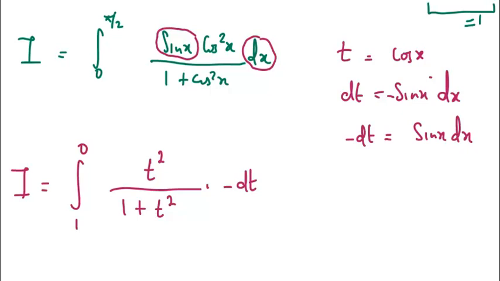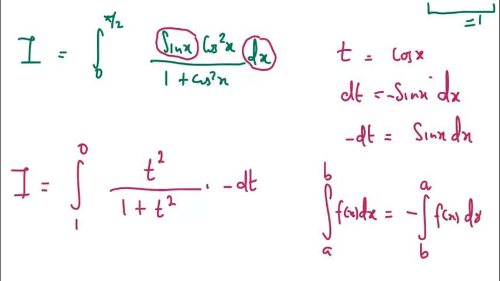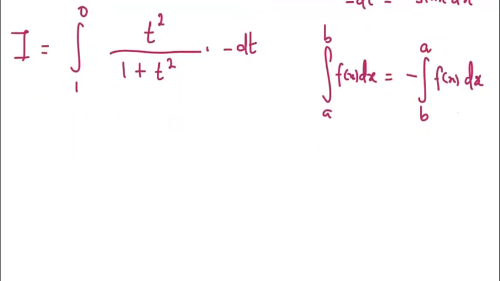Now let us recall, when we have the integral from a to b of f of x dx, this is equal to the negative integral from b to a of f of x dx. We switch the limits. So we're going to do that here. Therefore, using that property, our I is going to be equal to the integral from 0 to 1.